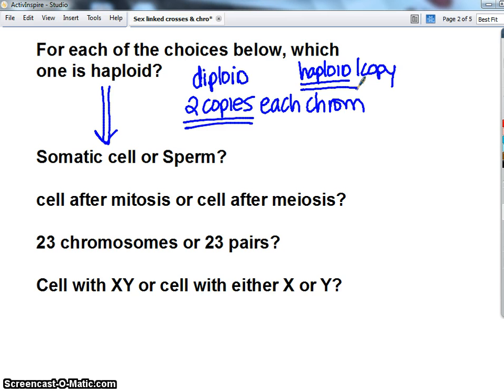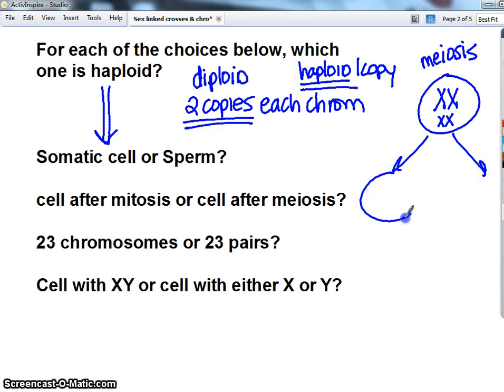Why would a cell only have one copy? Well, there's only one reason why cells end up with just one copy, and that is because of the process of meiosis. In meiosis, you might have a cell that starts off with 4 chromosomes. They line up side by side, and what's going to happen is each cell is going to get one copy of each chromosome.